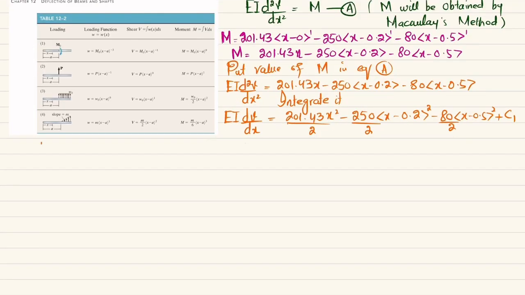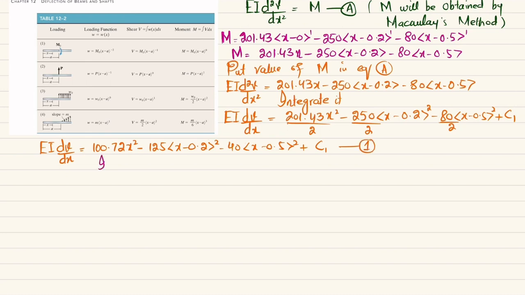So if you simplify it, you will get EI dV/dx equal to 100.72x² − 125⟨x − 0.2⟩² − 40⟨x − 0.5⟩² + C1. Let this be your equation number 1.